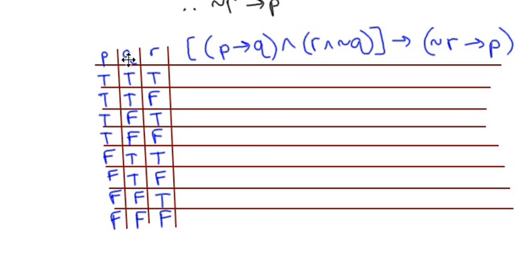And then for my Q statement, I'll alternate 2 trues, 2 falses, 2 trues, 2 falses. And then for my R statement, I'm going to alternate every other one, true, false, true, false, true, false, true, false. And if you look, I don't have any cases that are the same. That's going to give me every one of the 8 possible cases with different truth values, either true or false.